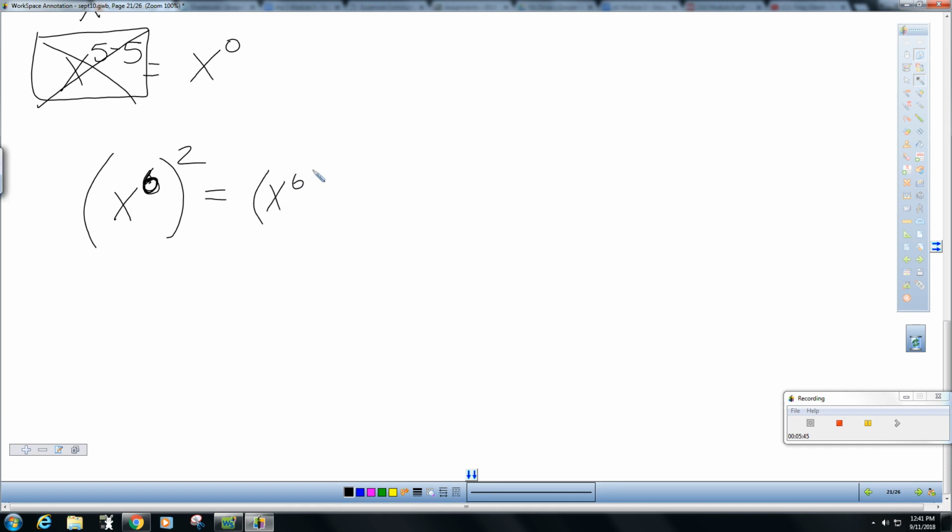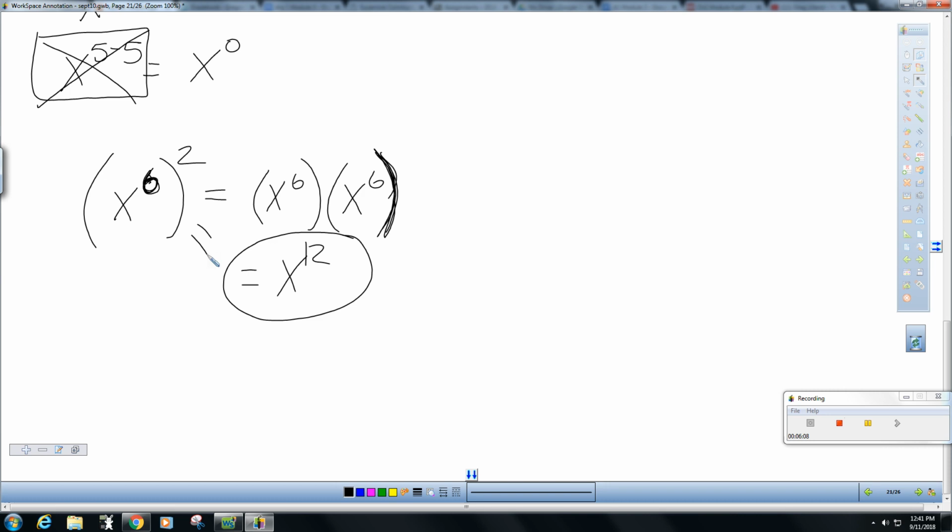It's literally x to the 6th times x to the 6th. Aha. Well, when we multiply things with the same base, what do you get with that? That's x to the 12th. So there's our answer. X to the 6th squared equals x to the 12th.